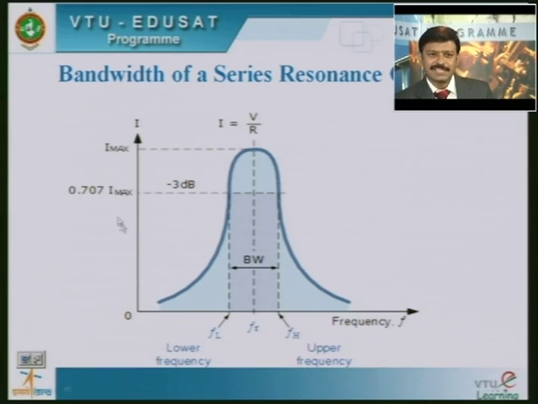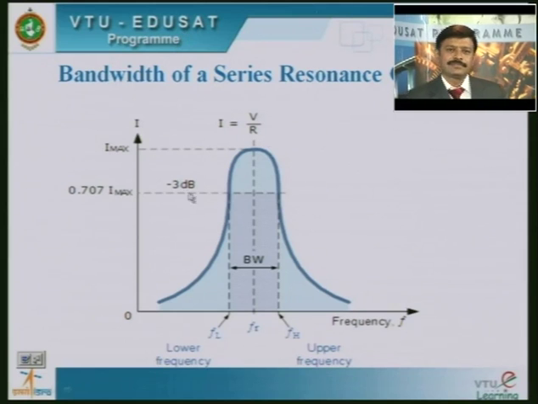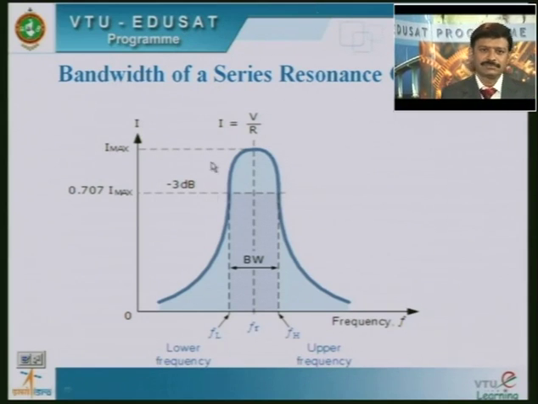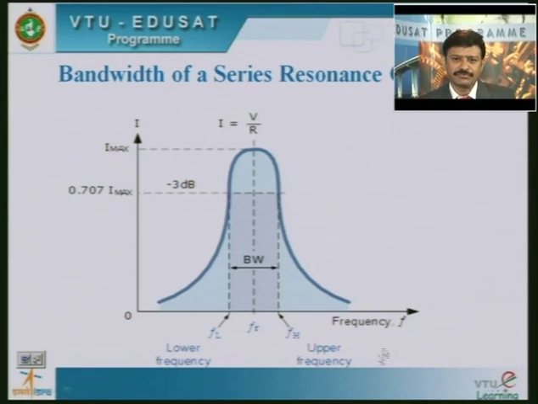First I will explain what is bandwidth. This is the curve, graphical representation of frequency versus current, and current will be maximum under resonant condition. This is the maximum point.